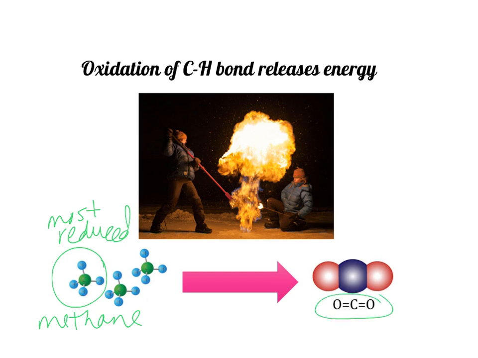But what comes out of it is carbon dioxide, and I know there are a few other things going on here. You need oxygen, and that goes to water. But we're looking at the carbon. So all of the carbon-hydrogen bonds go to carbon-oxygen bonds, or the most oxidized carbon.